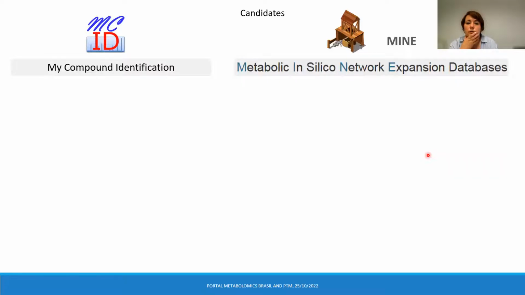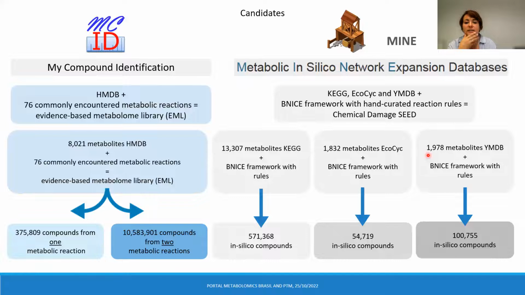In terms of those modified metabolites, there are two platforms that are the most interesting for such approaches, My Compound ID and mine, which use databases with native metabolites, applying different types of chemical rules to computationally generate modified metabolites, to predict metabolites.